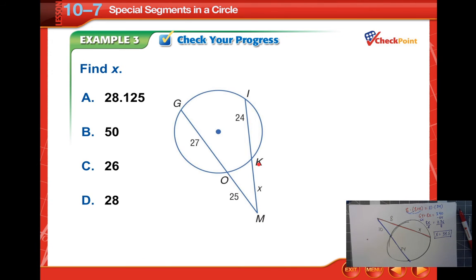Pause the video. You're going to multiply outside times whole. So 25 times 25 and 27 put together equals x times 24 plus x. And you should end up getting 26. 26.